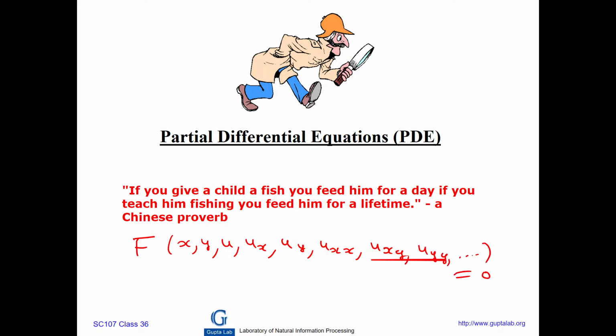A relationship among these variables is nothing but a partial differential equation, right? x is an independent variable, y is an independent variable, u is a function of x comma y, and we also have partial derivatives of u of first order, second order, and so on. You can have higher ones also. So this is nothing but a partial differential equation in general.